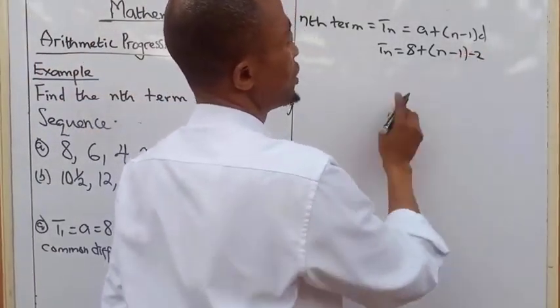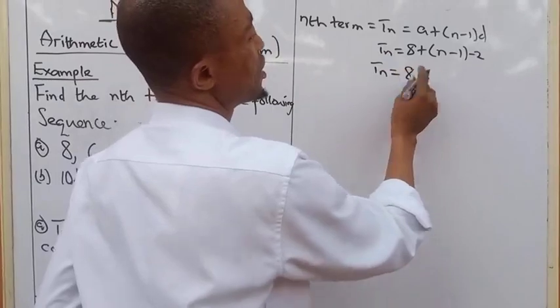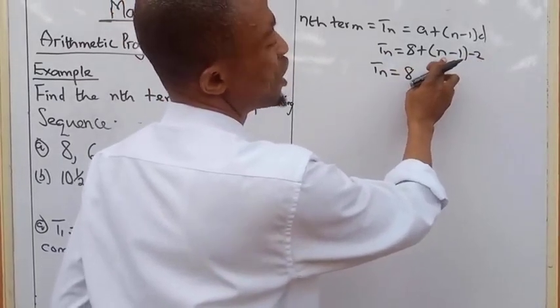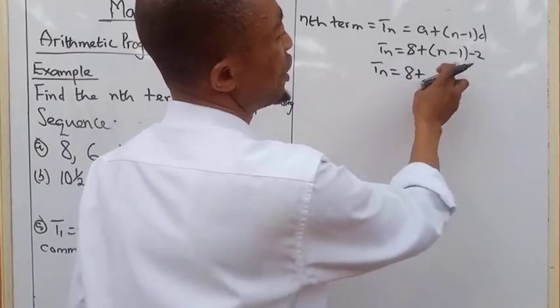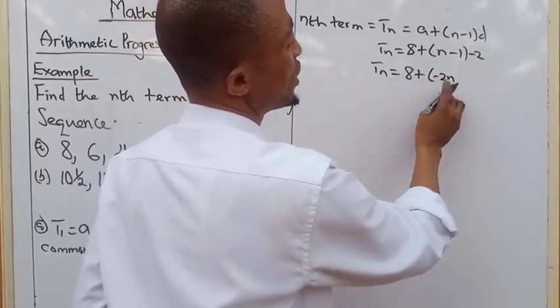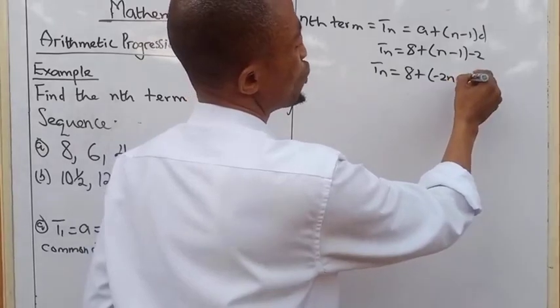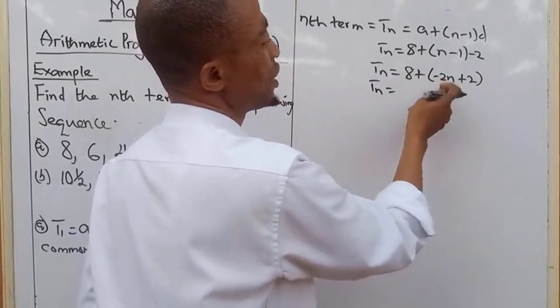So Tn equals 8 plus negative 2 multiplied by n, that's negative 2n. Then negative 2 multiplied by negative 1, that's plus 2.